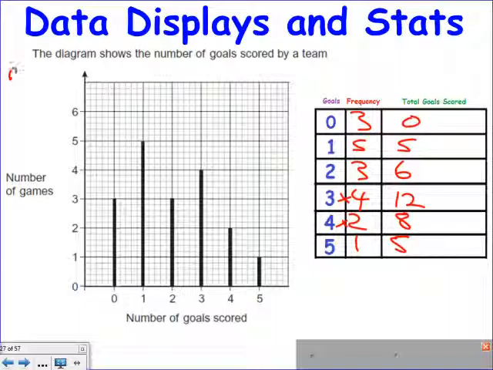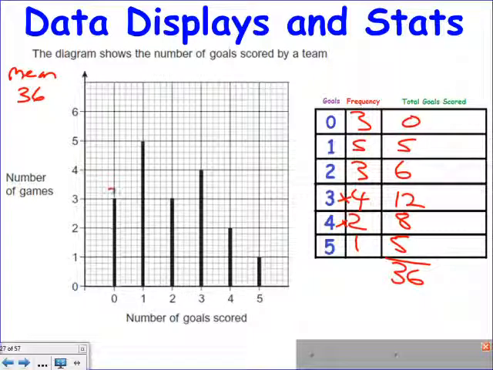So to work out the mean, I scored how many goals? 0, 5, 6, 12, 8, 5, which adds up to 36 goals. Everybody happy with what I've done there? How many games did I play in?